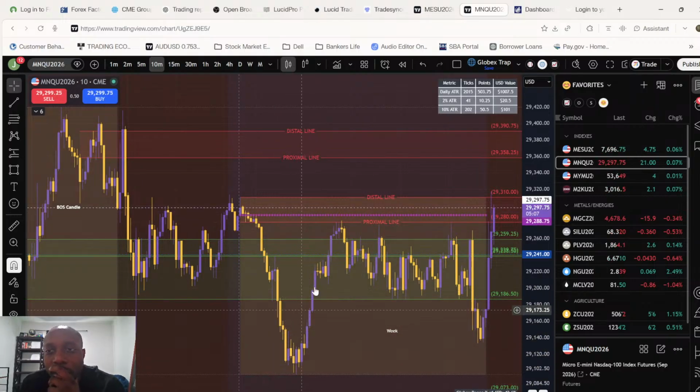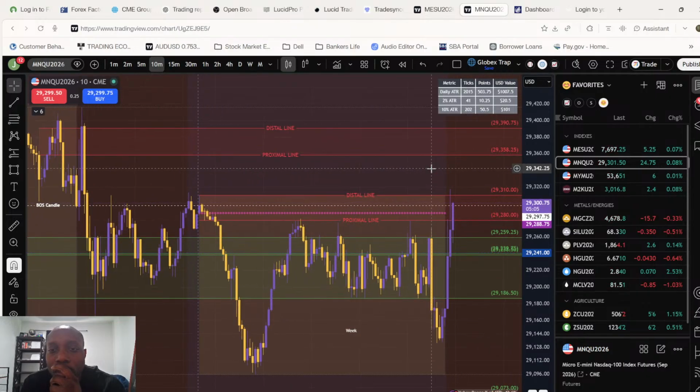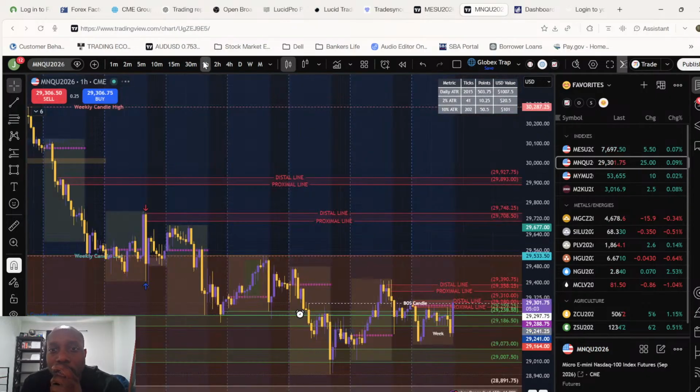We might just have something on MNQ as far as going bullish. Finally getting some breakout. Finally getting some push up.